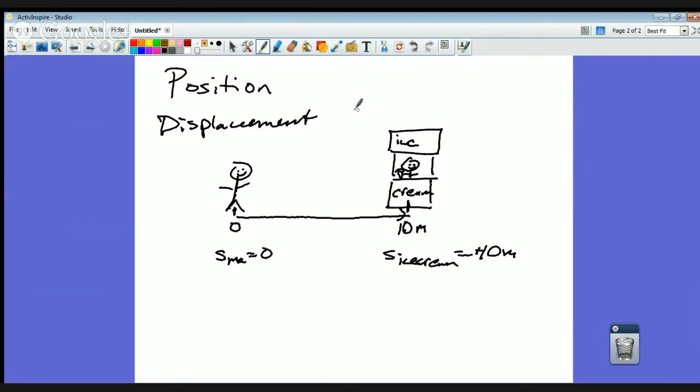For displacement, we write a delta S, and it is the final minus the initial position. So the delta S for me would be 10 meters minus 0, for a displacement of 10 meters in the positive direction. We usually don't write that plus sign, but I'm going to do it just to be explicit, that I'm moving 10 meters to the right.